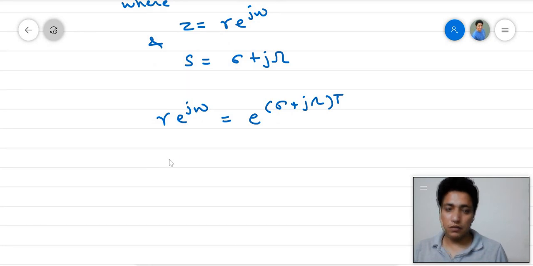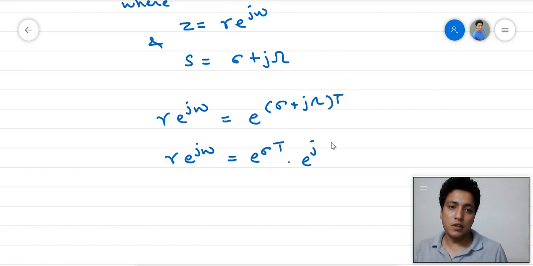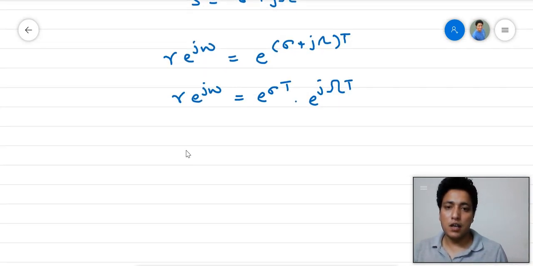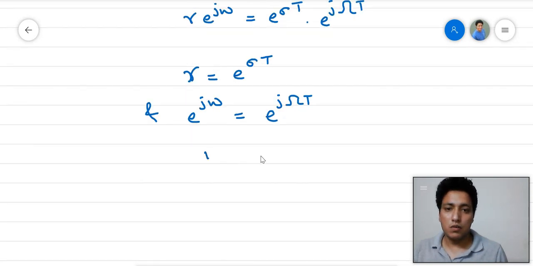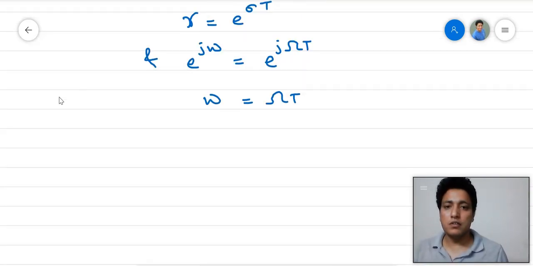That will give r exponential j omega is equal to exponential sigma t exponential j omega t. Now one can see r is equal to exponential sigma t and exponential j omega is equal to exponential j omega t. So omega is equal to omega t.